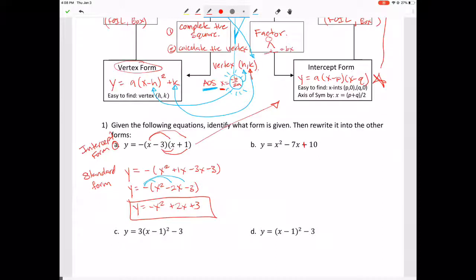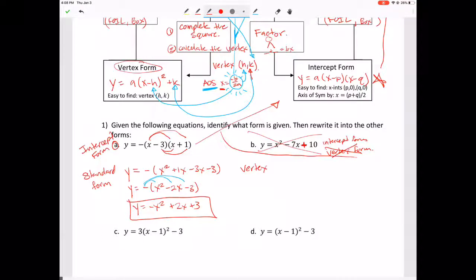If this is positive, then you can get it in intercept form, but you can't do it in vertex, or at least you can't do it easily, and I don't want you to have to spend too much time doing that. So I did not do that in class. So I'm just going to do vertex here.